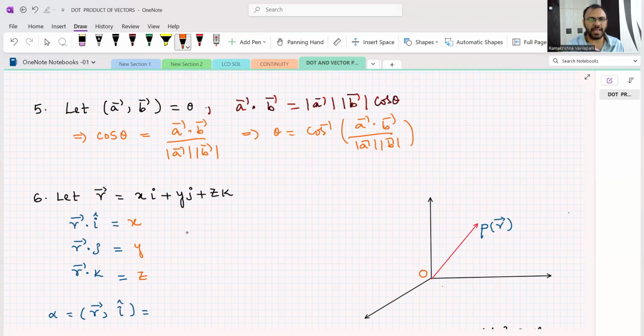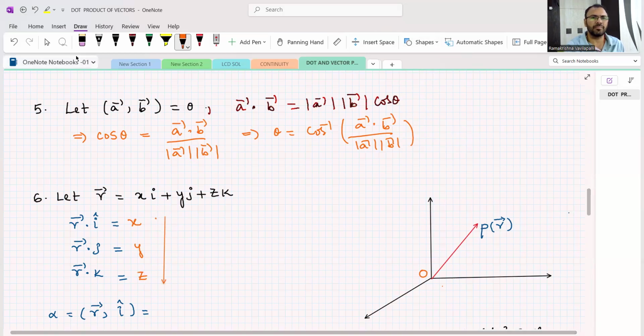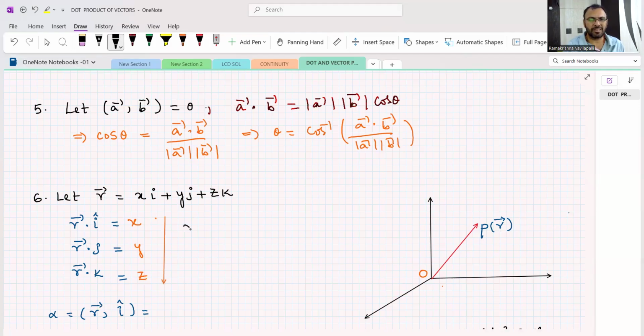So therefore r bar can also be written as r bar dot i into i plus r bar dot j into j plus r bar dot k into k.